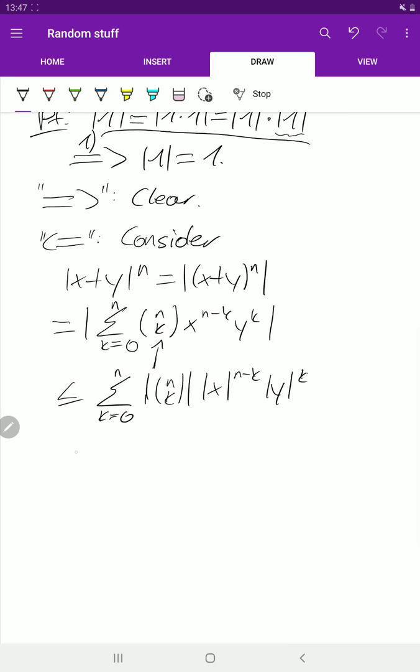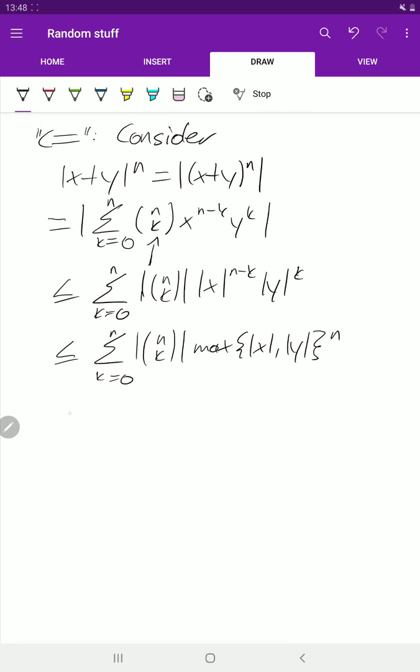Okay, so we have that. Then the next thing we can do is, there are two options basically. We can take the maximum of the absolute values of x and y and raise this to the power of n. What we do now is we can apply our hypothesis. So this is at most 1.